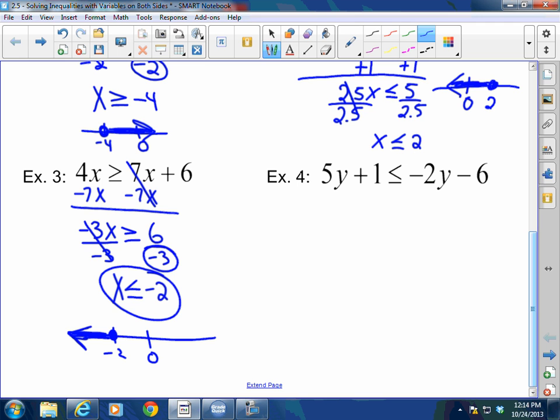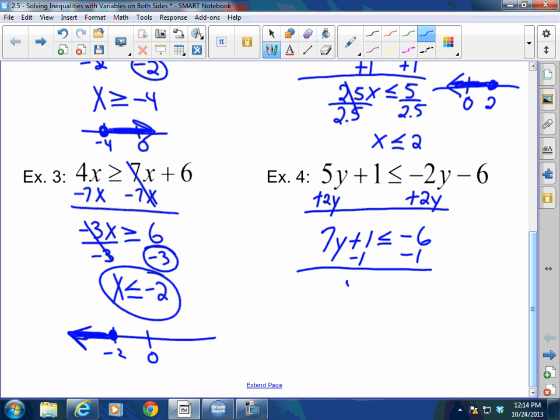Awesome. Number 4, 5y plus 1 is less than or equal to negative 2y minus 6. I'm going to get the variables together on one side, so I'm going to add 2y to both sides, giving me 7y plus 1 is less than or equal to negative 6. I'm going to subtract 1 from both sides. So that means 7y, because the 1's canceled, is less than or equal to negative 7. Divide by 7.